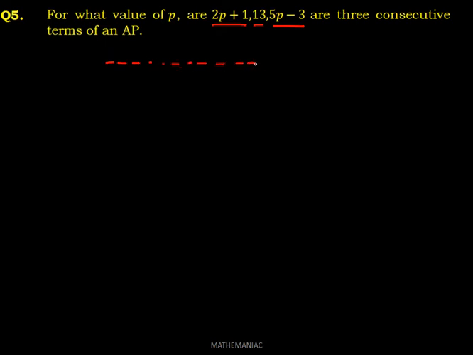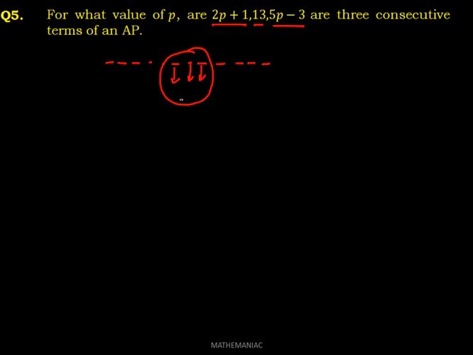I don't know how many terms are there here, but I know 3 consecutive terms, maybe this. So this is 2p plus 1, the second is 13, and this is 5p minus 3. Now if these are 3 consecutive terms, what is the peculiarity of an AP?